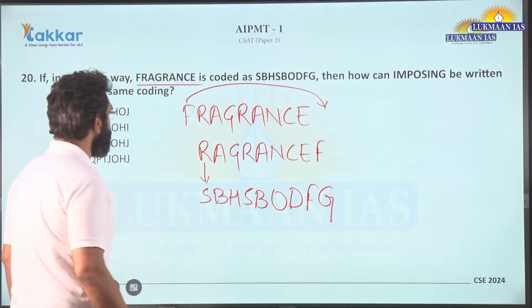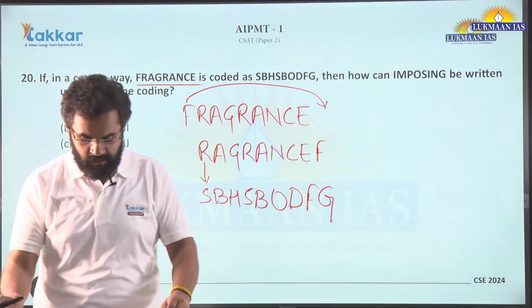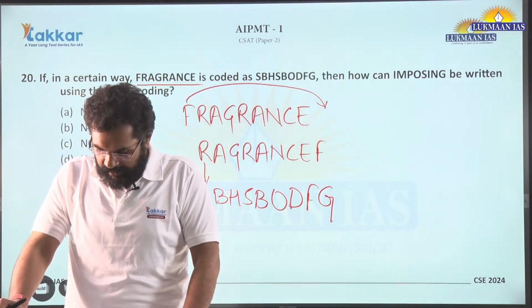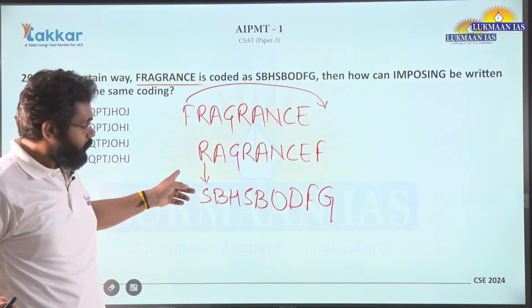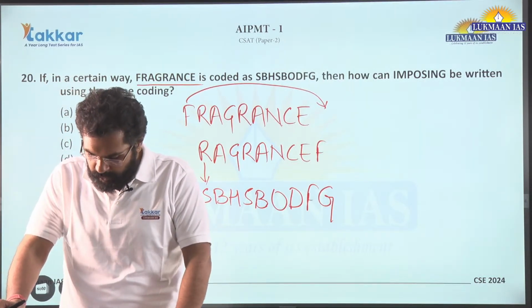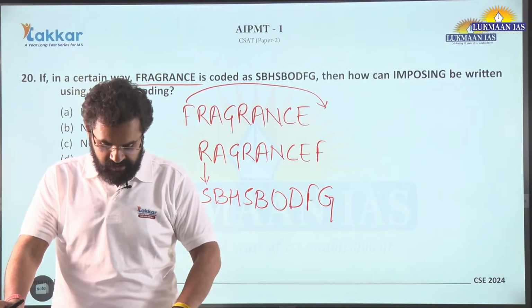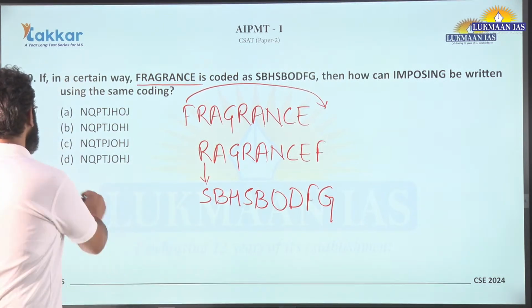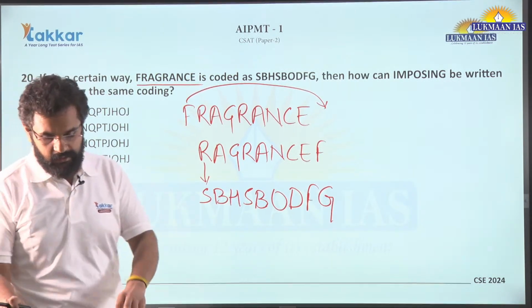So this would be the right decoding of the given codes, and if we try to do it in a similar fashion for imposing, we'll get the right answer. That would be D. You can do it.